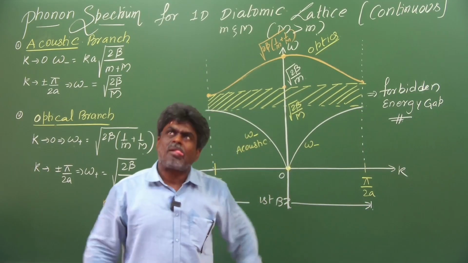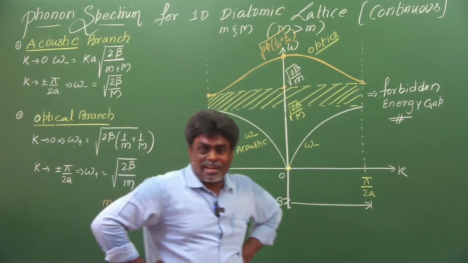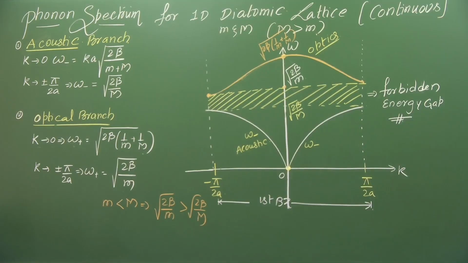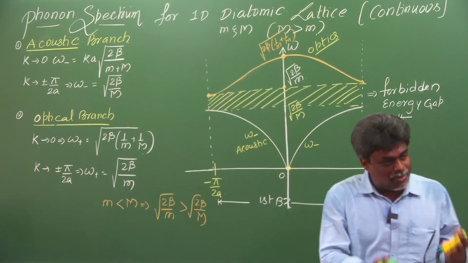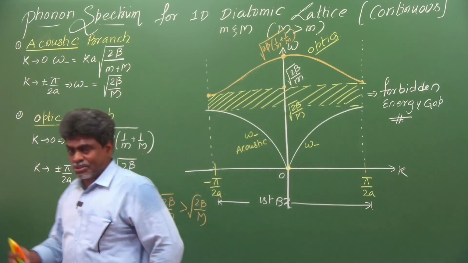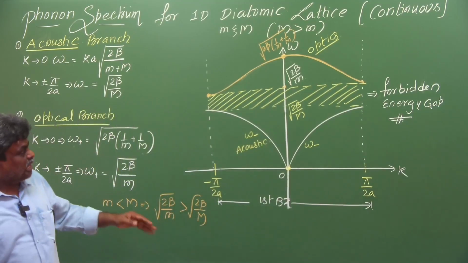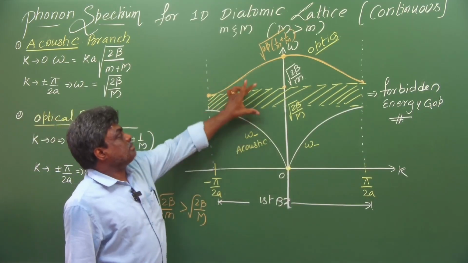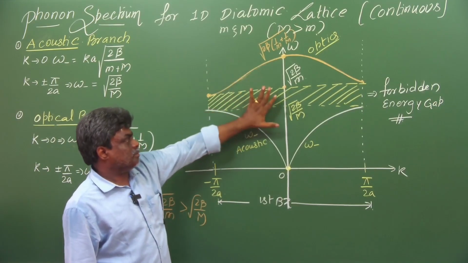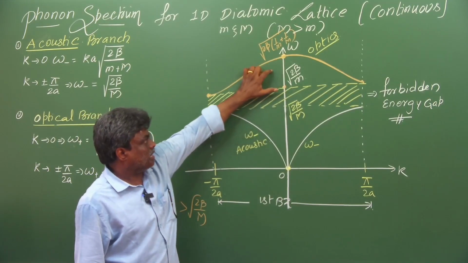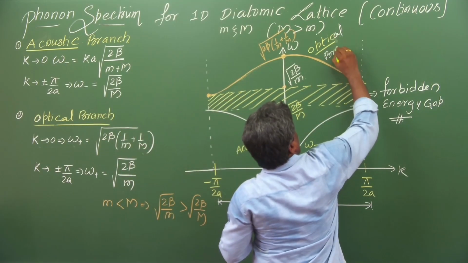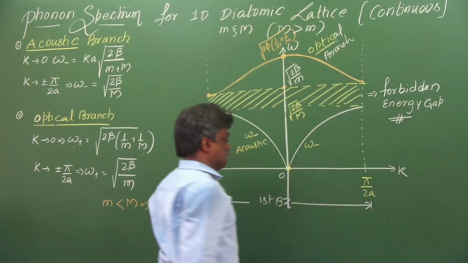Any two different atoms having the same mass? No. Different atomic numbers, different mass numbers. I mean isotopes or something like that. Anyhow, if masses are same, then only this energy gap will be 0, otherwise there will be an energy gap between optical branch and acoustic branch. That's it.